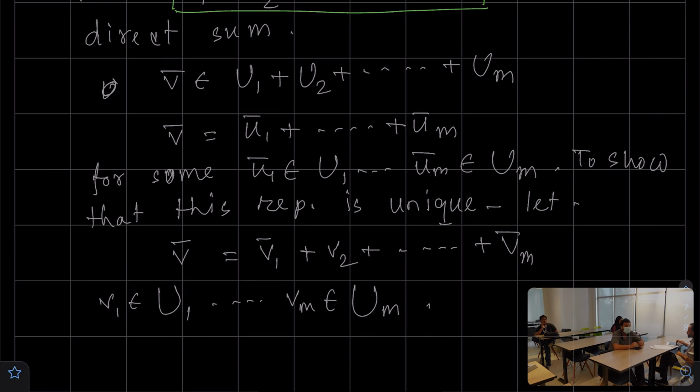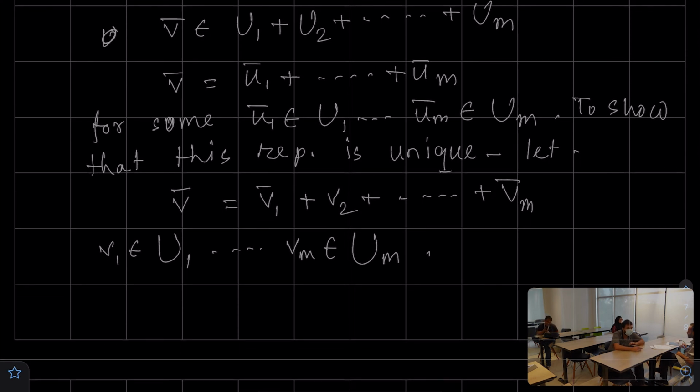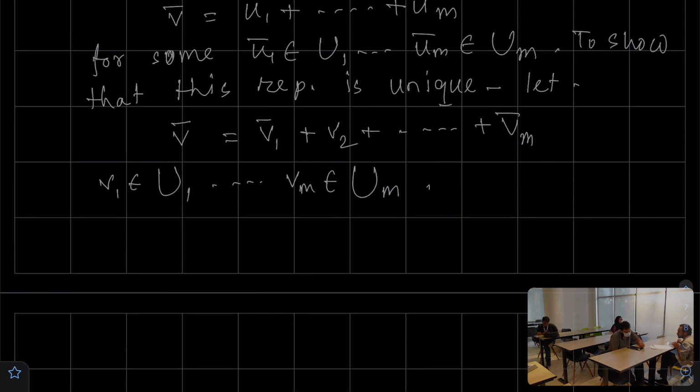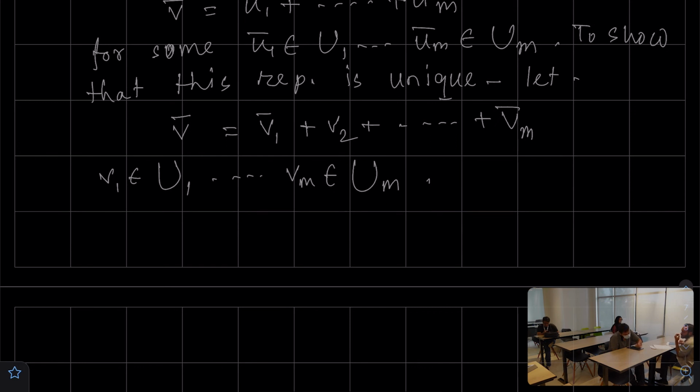Now these are the same vector, right? This v, I can subtract one from another. Then the left hand side will be the 0 vector, because this is a v vector and this is a v vector.